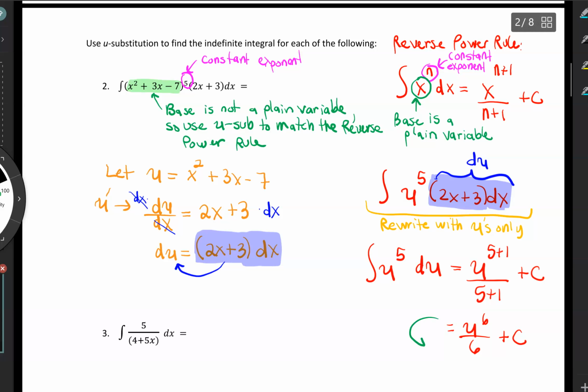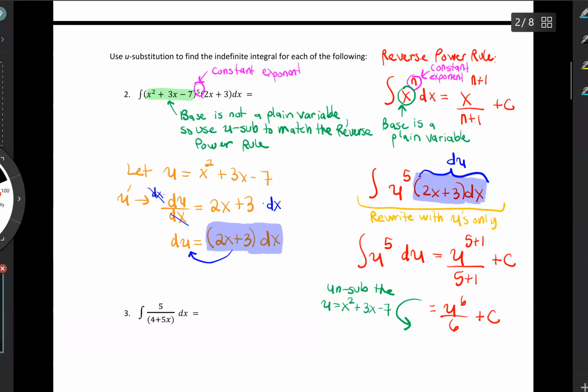We need to unsubstitute. So let's go ahead and do that. When I unsubstitute this, what do I get? I'm thinking you could just leave it over a 6, but I'm thinking my math lab will pull that out to be 1/6 because there's an understood 1 in front of that u. So I'm going to write it that way just so you're used to seeing it.